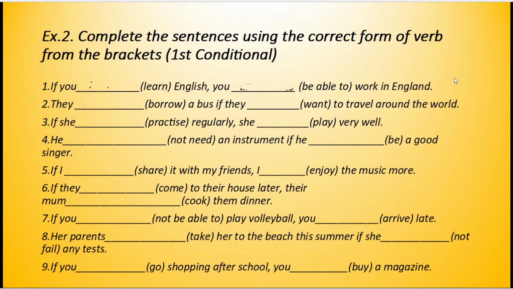If you learn English, you will be able to work in England. They borrow a bus if they want to travel around the world. They will borrow a bus if they want to travel around the world.